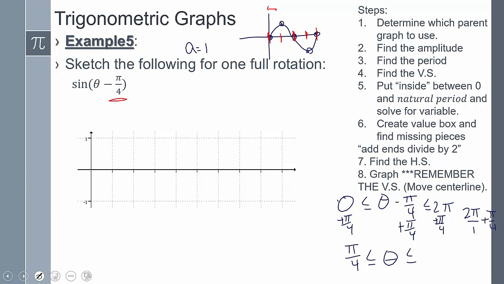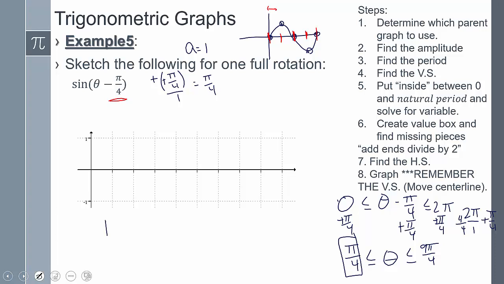Remember, we have to find the common denominator. So 4 over 4, so 8 plus 1, so that's 9 pi over 4. This value right here, that's my horizontal shift. If I did negative c over b, negative is a positive, that's pi over 4. They're the same value. So by doing the 0 to 2 pi thing, it finds the horizontal shift for you, which is nice. It just makes it easier for us.